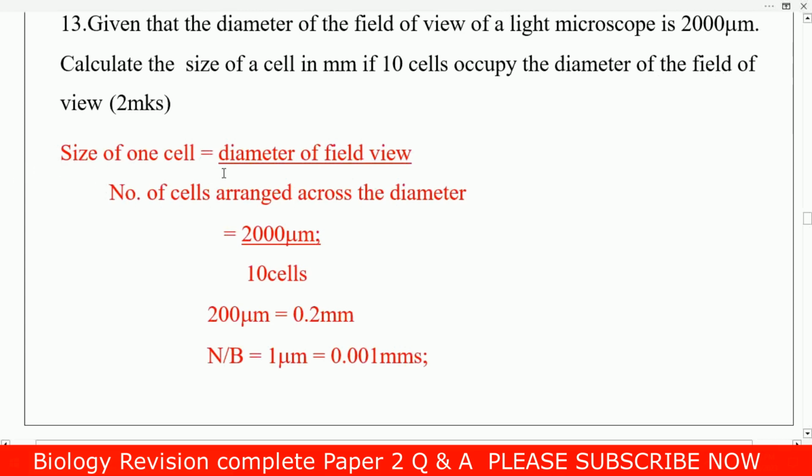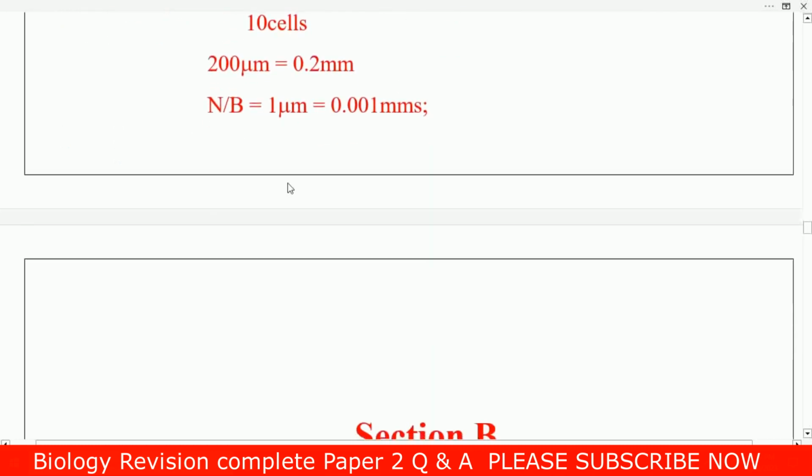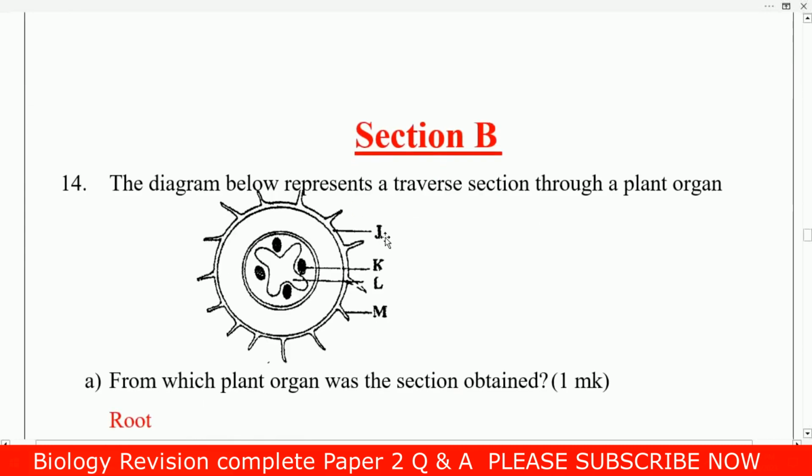So how do you calculate this one? You have size of one cell is equal to the diameter of field of view over the number of cells arranged across the diameter. You do the calculations, very simple calculations, and then you get the answer.